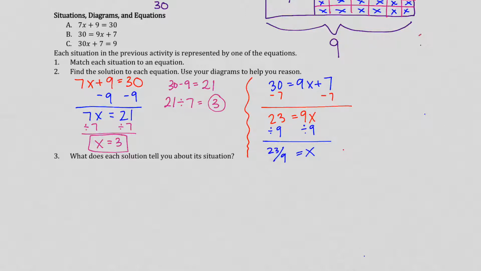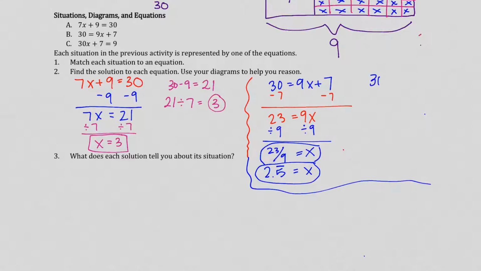Or you could do the decimal, so 2.5 repeated. Okay, either of these. Or you could have done mental math. So 30 minus 7 gives you 23. And then you know you need to divide that by 9, which would still give you 2.5 repeated, or 23/9.